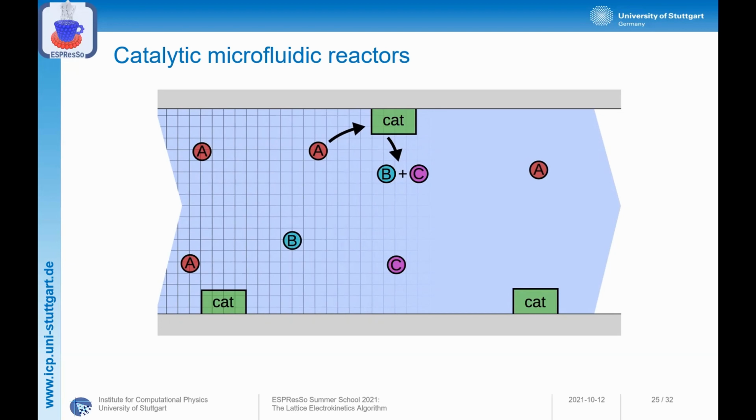Those systems can be nicely simulated to see where the carbon dioxide is formed and how it can be optimized so that the flow gets more across the surface of those platinum reactors.